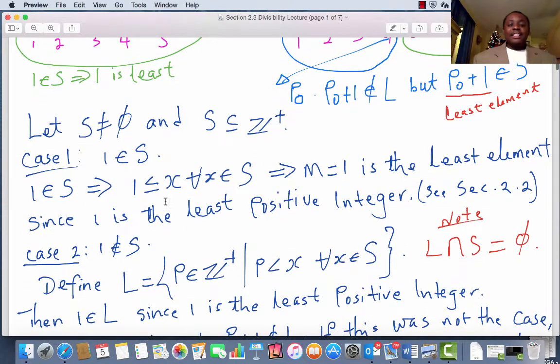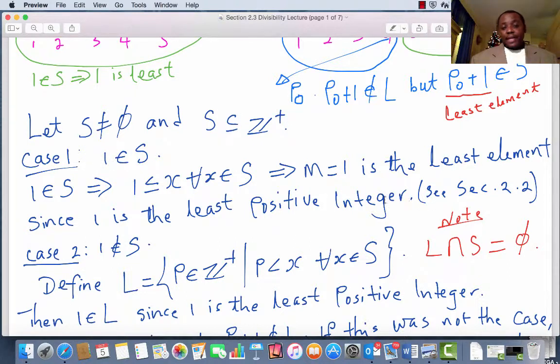Case 1, the number 1 is in S. If 1 is in S, that means 1 is less than or equal to every element in S because 1 is the least positive integer. In that case, my M equals 1 is the least element I'm looking for. And that satisfies case 1. S has a least element, and the element is the number 1, and we're done.